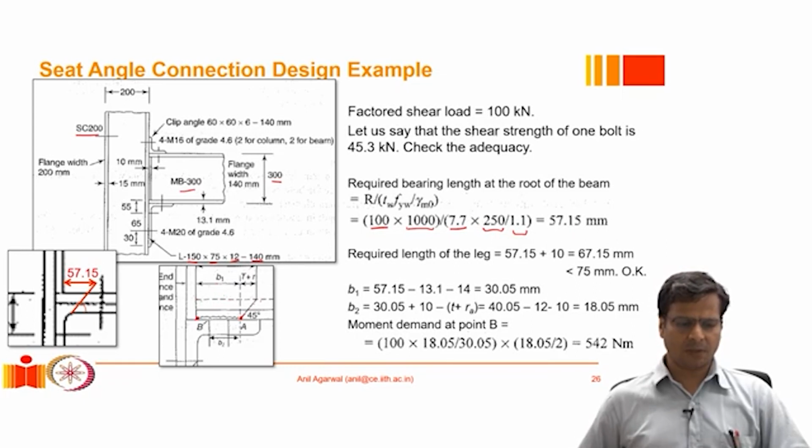So basically this length, that is B1 plus T plus R, we need at least 57.15 millimeter length here so that web crippling can be prevented for the given load. Okay.